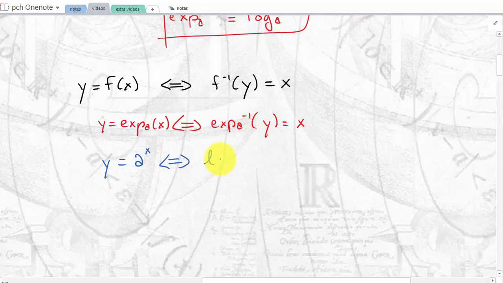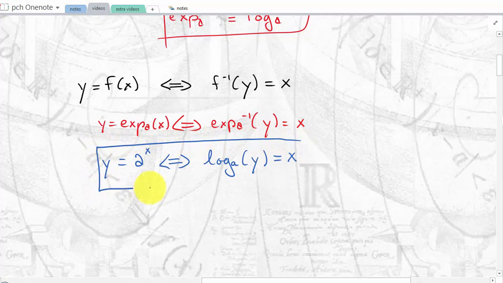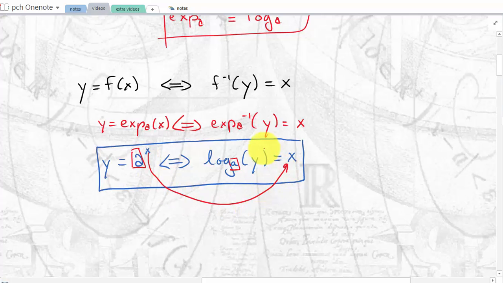So that means log base a of y equals x. That is a very important property. You have to remember it. It's one of the defining property of logarithm, okay? The thing to remember is that the base is the same in both. The base is the same, and then input becomes output, output becomes input.